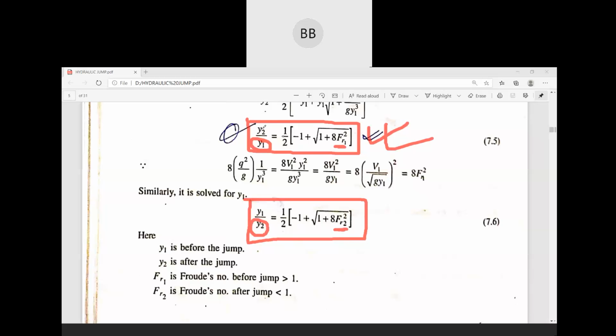As y2 we need to calculate, y1 is given, and we need to find out the Fr1 value. Then we substitute here and find out the y2 value. So before we find the y2 value, we have to find out the Fr1 value, otherwise we cannot use this expression.